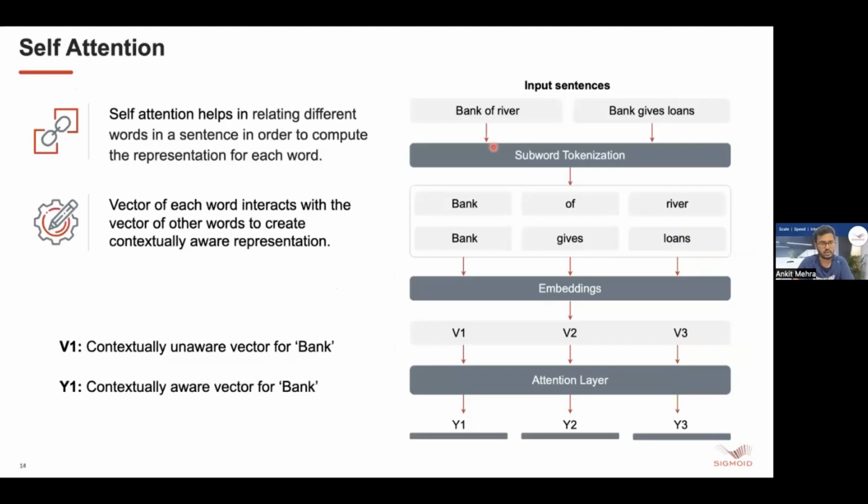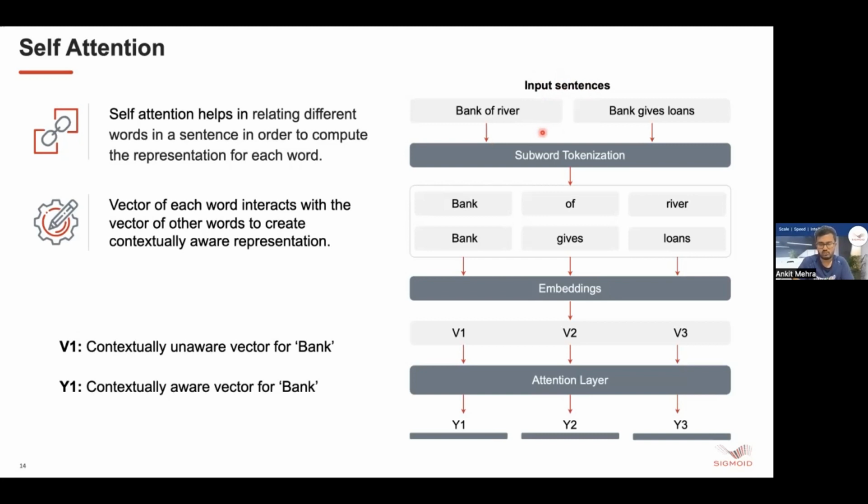Now let us look at self-attention and try to understand how it works. So self-attention basically tries to get the word representation in a contextually aware manner. Let us see how it is done using this flow. Let's suppose we have two sentences, "bank of river" and "bank gives loan".